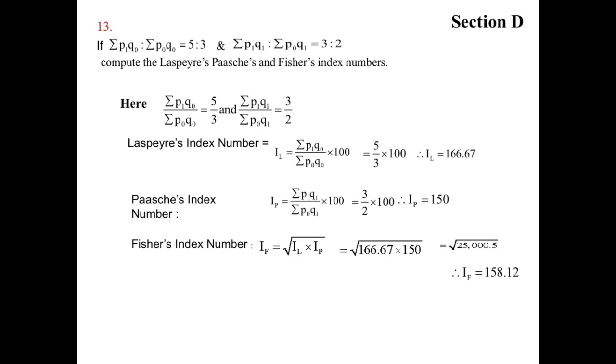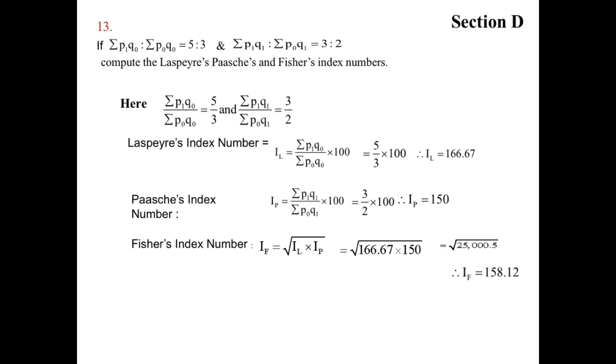Question number 13. If sigma P1 Q0 is to sigma P0 Q0 is equal to 5 is to 3, and sigma P1 Q1 is to sigma P0 Q1 is equal to 3 is to 2. Compute Laspeyres, Paasche and Fisher index numbers. See friend, here sigma P1 Q0 is to sigma P0 Q0, and that is 5 is to 3.